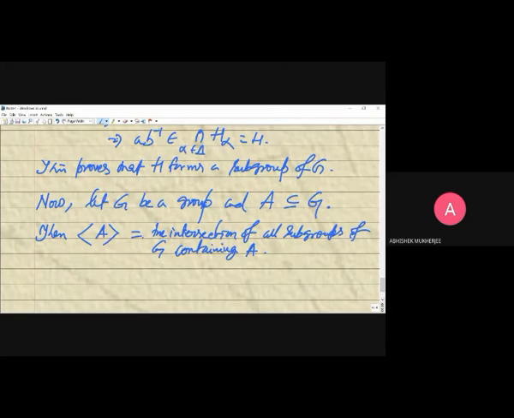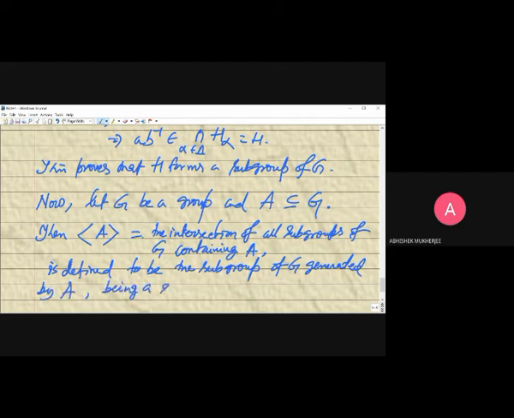Then this is defined to be the subgroup of G generated by capital A, as it is a subgroup of G, right?